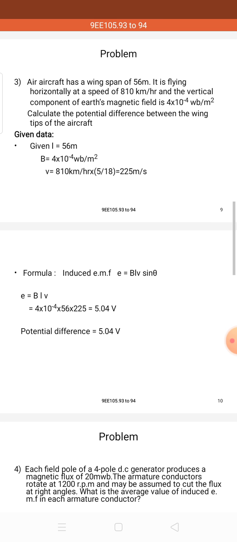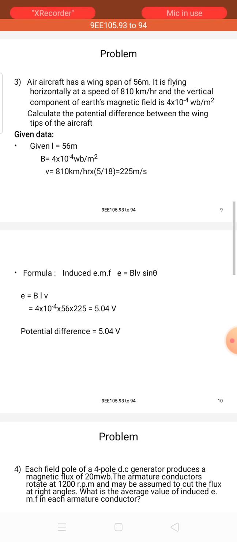So that needs to be converted. For velocity, the unit we consider is meter per second, but in the given problem the velocity is in kilometers per hour.